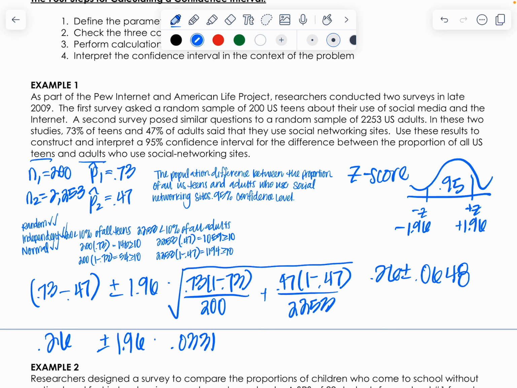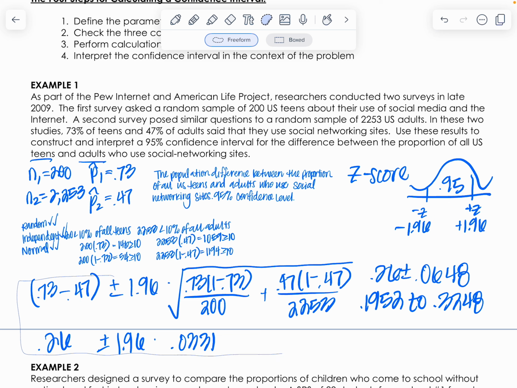And so if we subtract that, we get 0.1952. And if we add it, we get 0.3248. Okay, now again, I'm going to shrink that down.